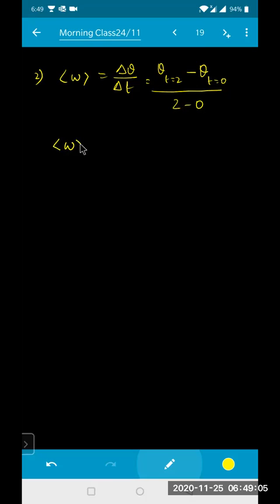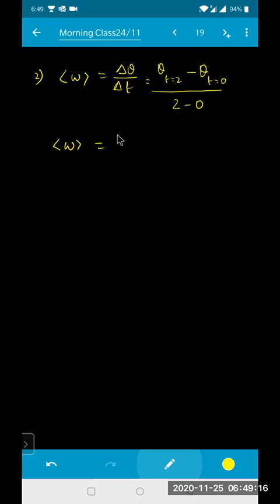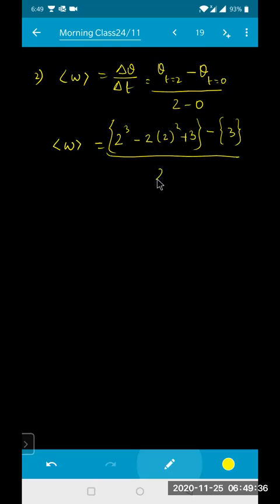So the average angular velocity is theta at 2 seconds, that means in the place of t you put 2. So 2 cube minus 2 into 2 square plus 3, minus, in the same way, 0 cube minus 2 into 0 square plus 3, divided by 2 minus 0.